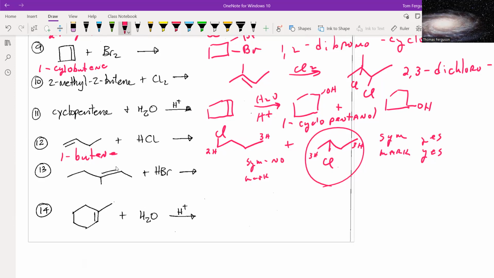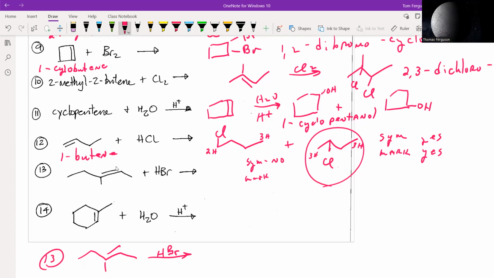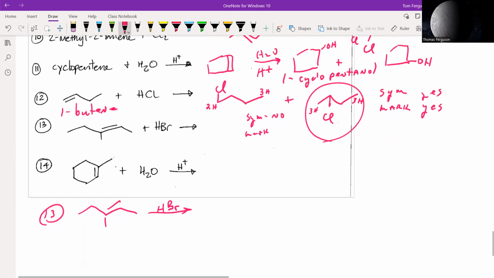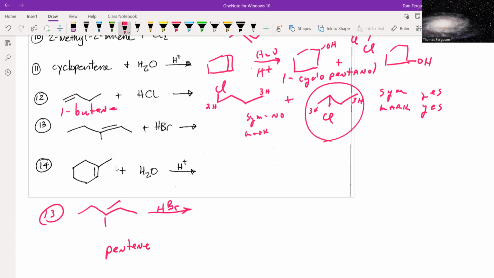So let's do this one down here. So this is going to be a 1, 2, 3, 4, 5. So it's going to be a pentene. Starting on carbon number 2.